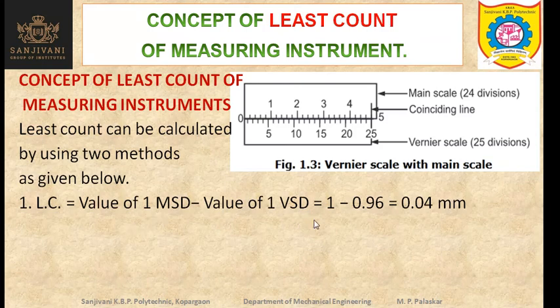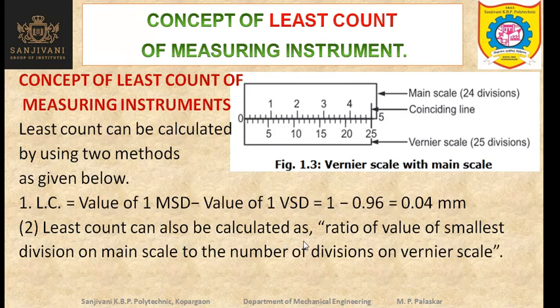The value of one main scale division is 1 and the value of one vernier scale division we have calculated as 0.96, that is 24 upon 25. 24 upon 25 is 0.96 because 24 divisions of the main scale coincide with 25 divisions of the vernier scale. So the least count comes to 0.04 millimeter.